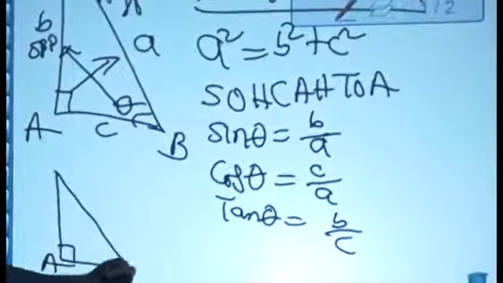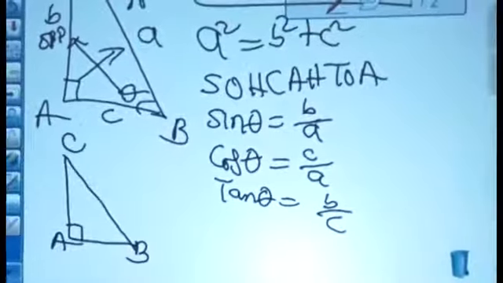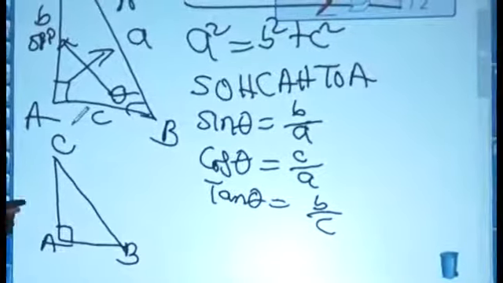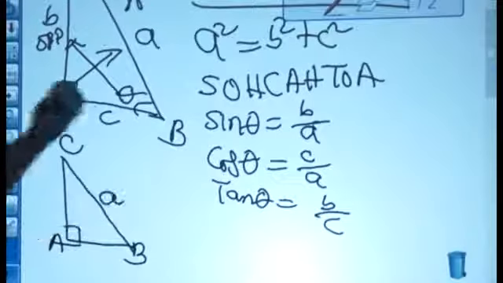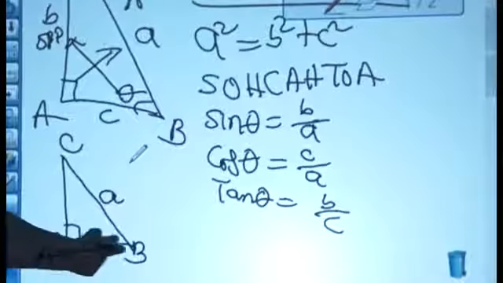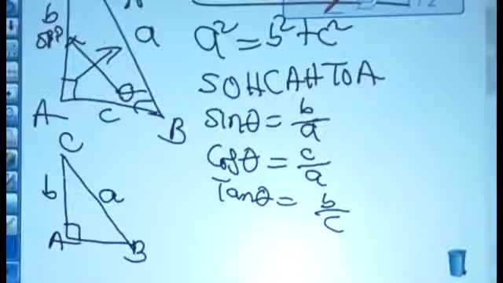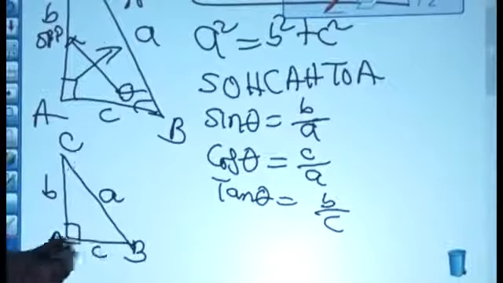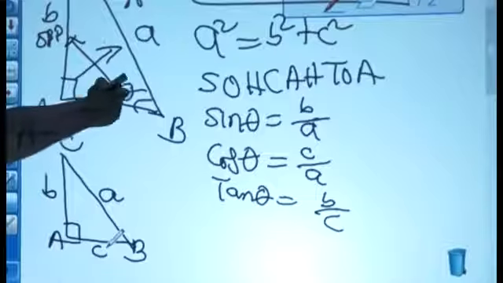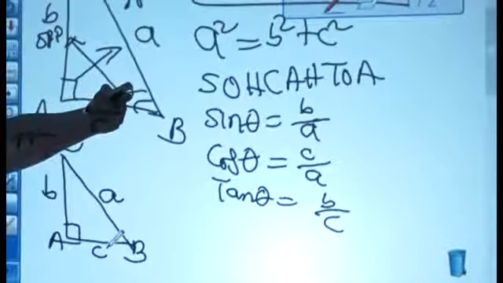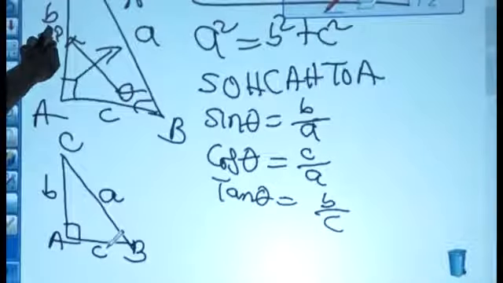A, B, C. I have said if the angle is here, the side facing it will be represented with a small letter. The side facing B will be represented with small b, and the side facing C with small c. The angle given is theta here, and this is the opposite.